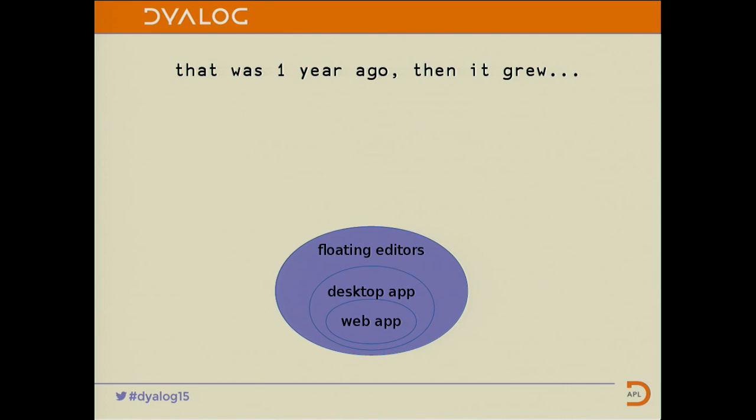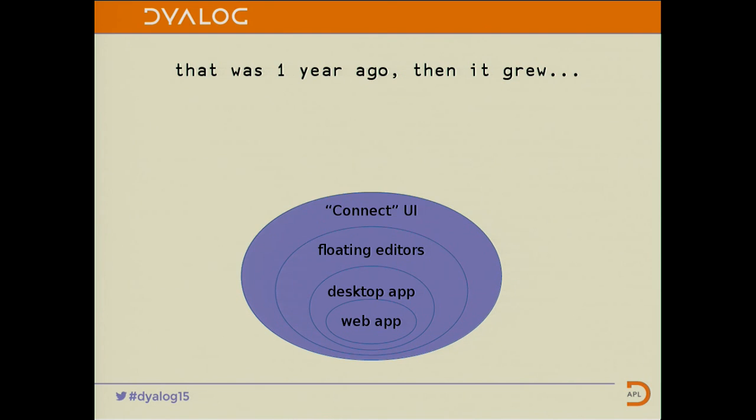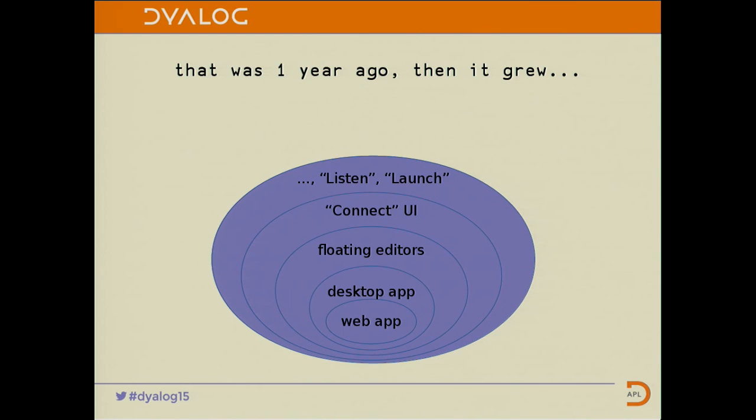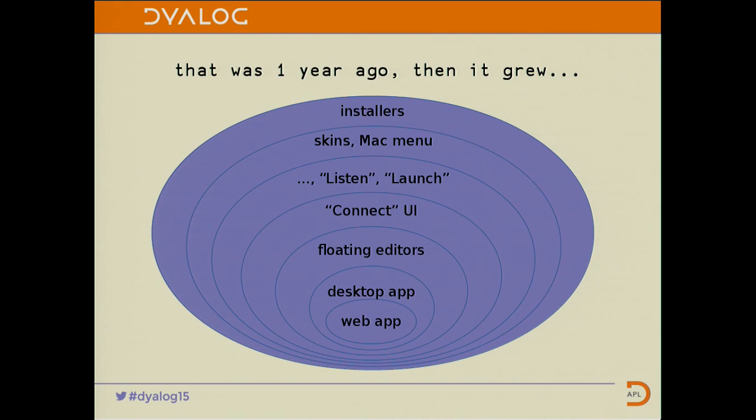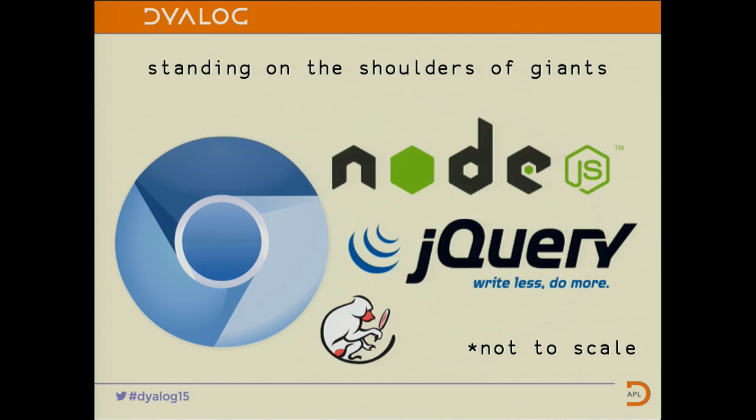We added UI for connecting to, accepting connections from, and launching interpreters. We supported such insanely great ideas like having the menu outside the window. Recently, Jason and JD wrapped it all in installers for the various platforms.